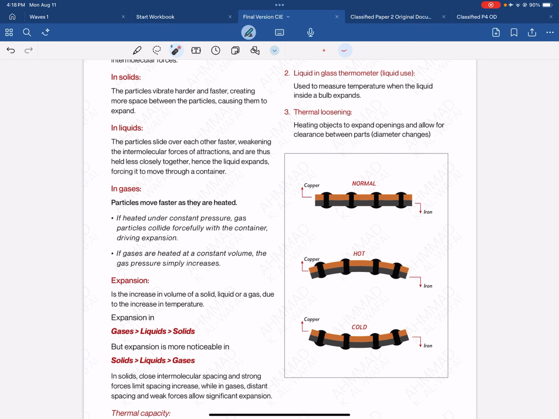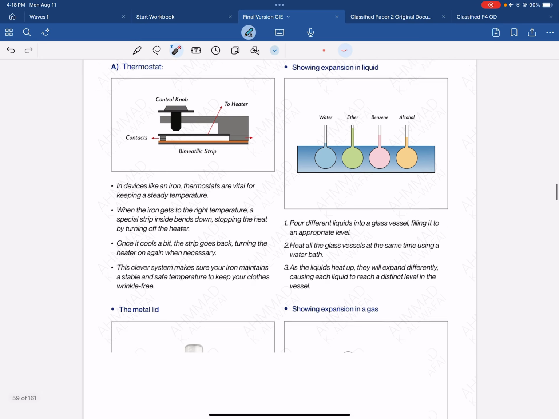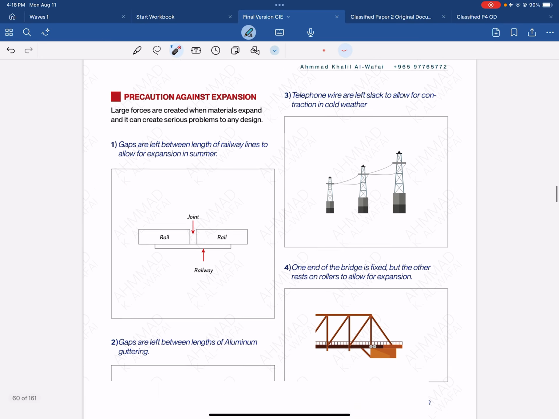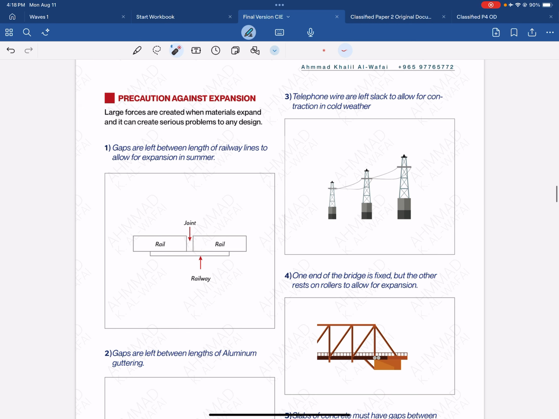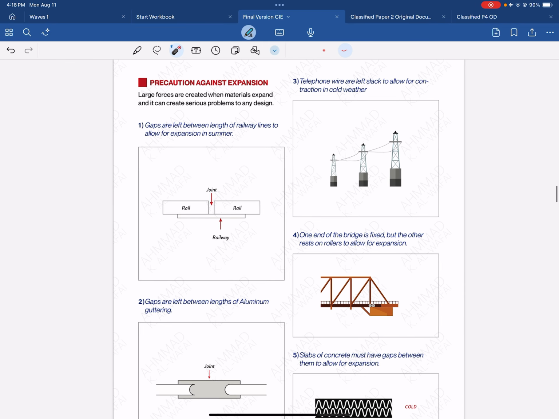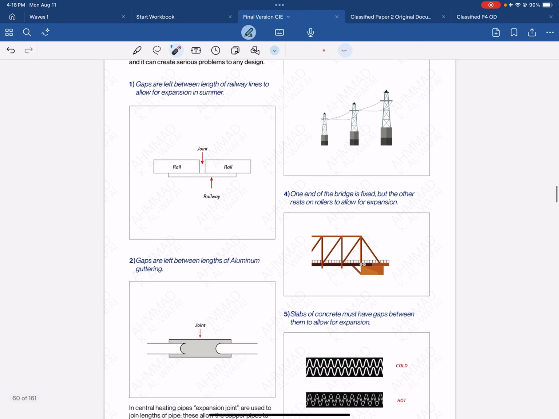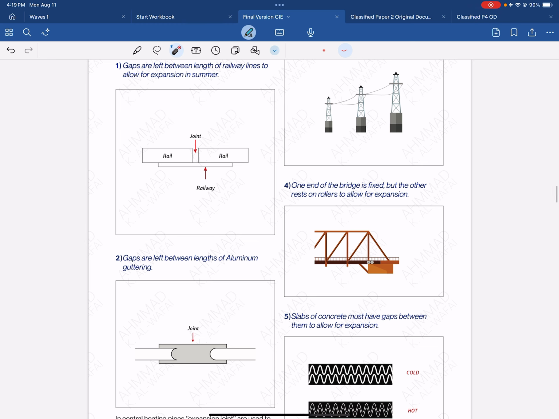Now, these expansion rates can cause problems in many construction sites and in the things that we use. The precautions we should take are leaving some space for this expansion, or making our decisions in engineering projects to create some sort of space for the elements to expand.